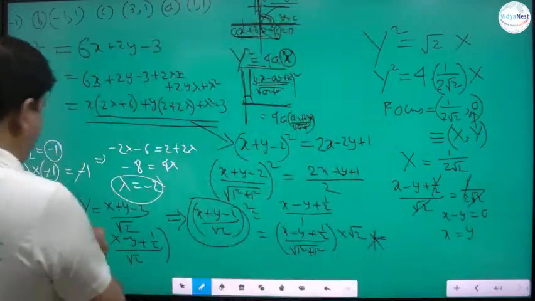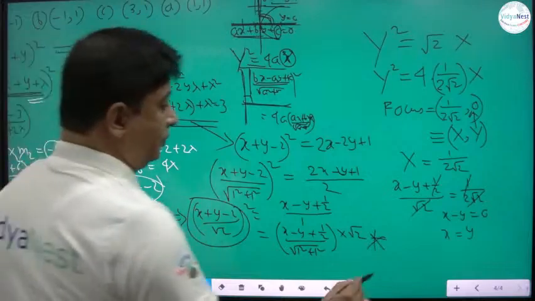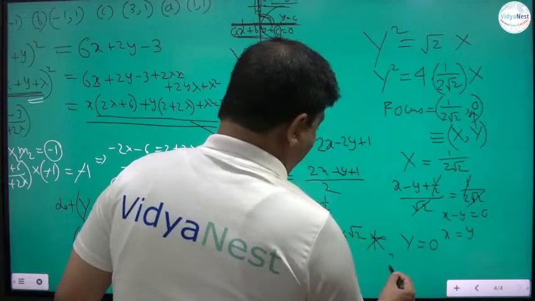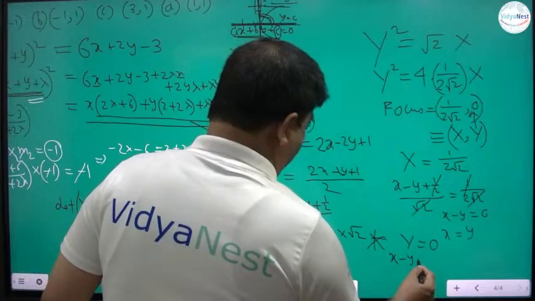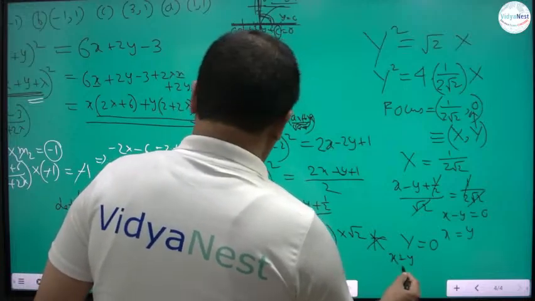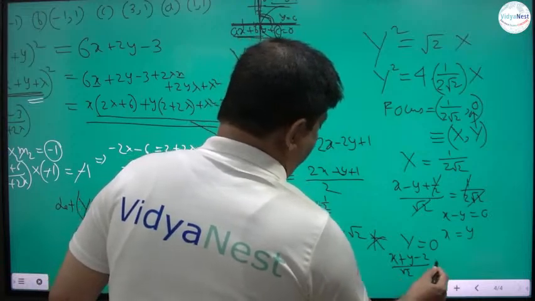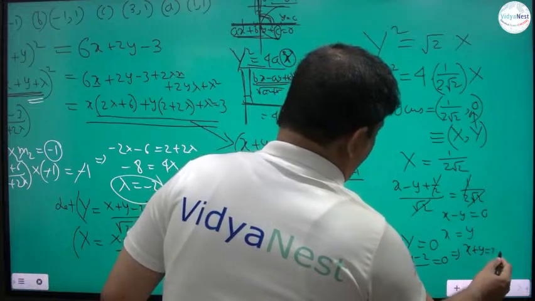Capital Y is considered as what? X plus Y minus 2 by root 2. Capital Y also 0. That means X plus Y is equal to 2.